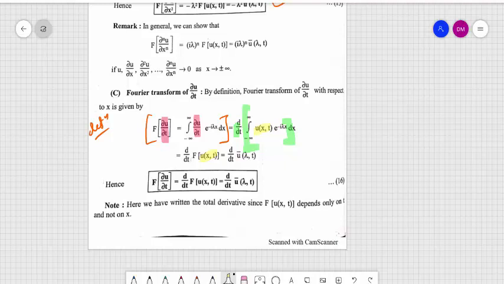So the Fourier transform of the partial derivative of u with respect to t is nothing but d/dt of ū. Note that here we have written the total derivative, since the Fourier transform of u depends only on t, not on x. This is very important. Now let us go ahead.